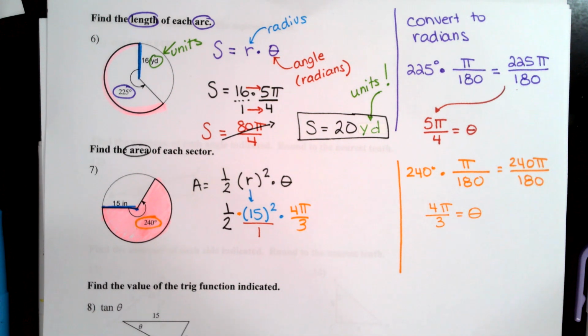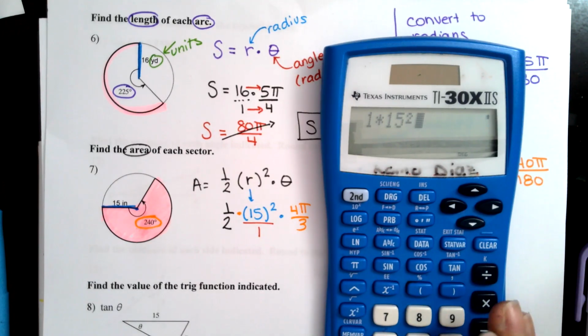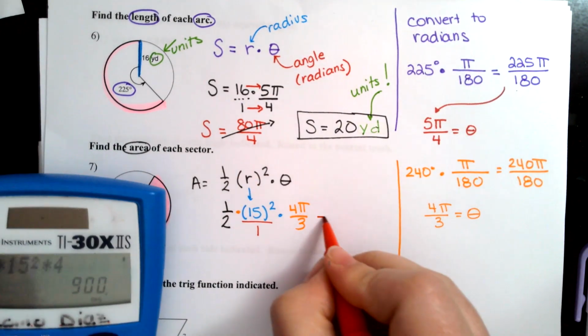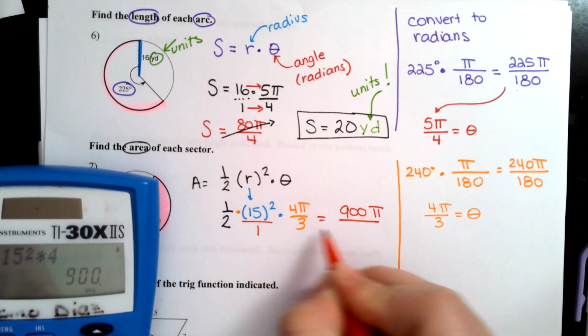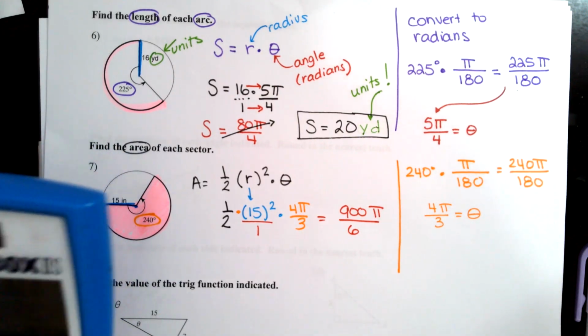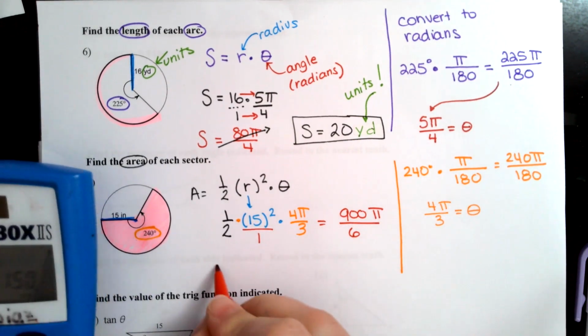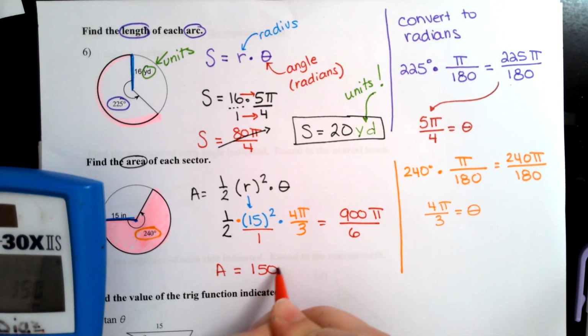So we got 15 squared. You can even do it all at once. 1 times 15 squared. You can use parentheses. It's just squared. Use the square button. Times 4. Do not type in your pi. And here we have 2 times 1 times 3, which is 6. Simplify. 900 divided by 6 is 150. So area is equal to 150 pi.